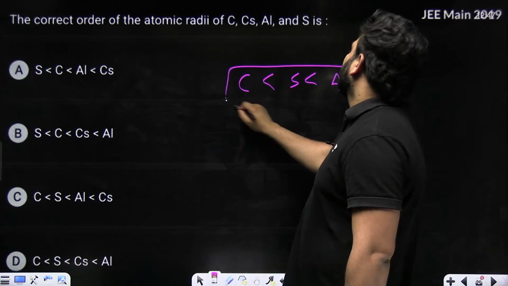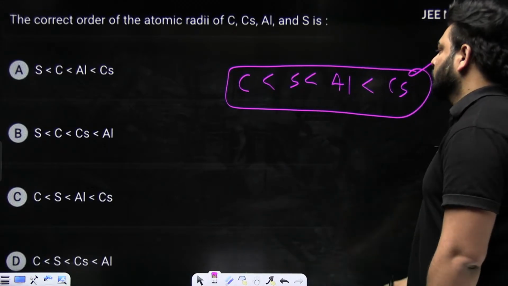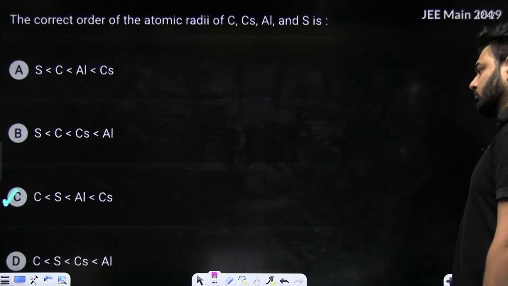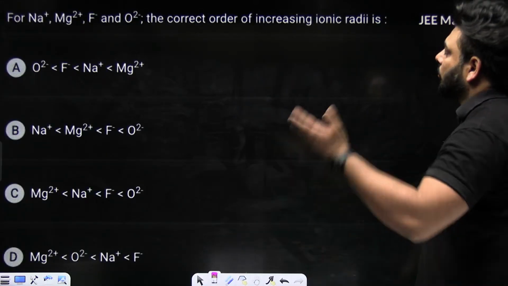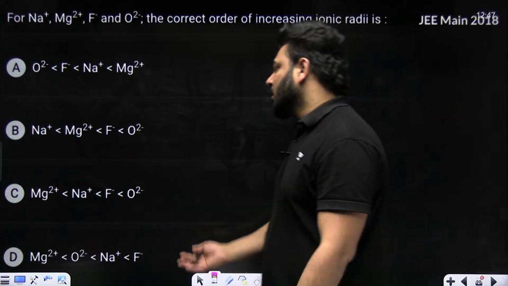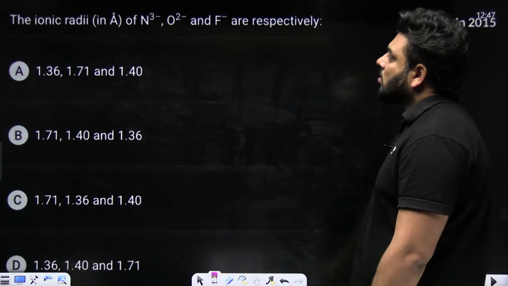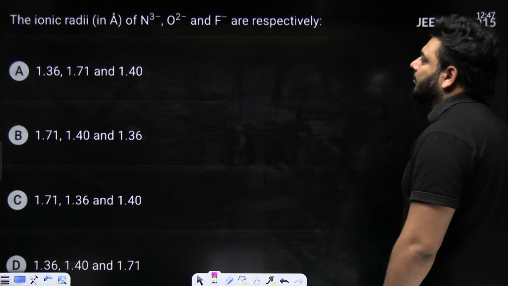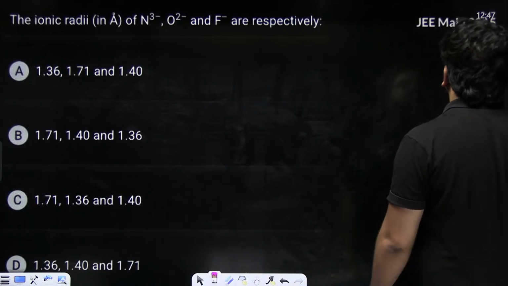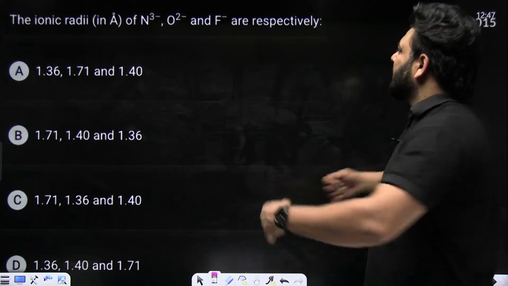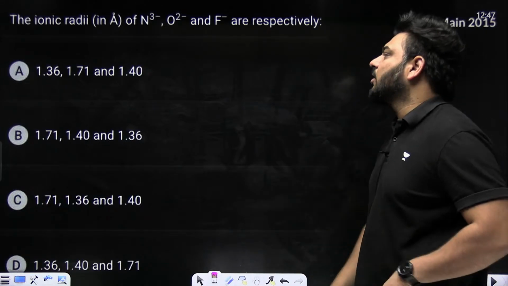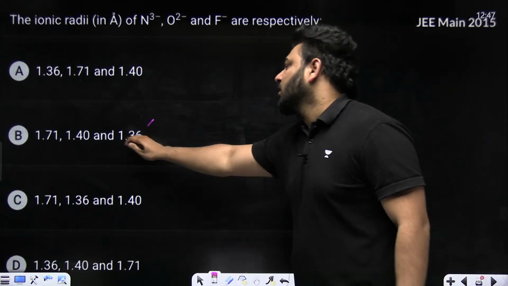That is the order I follow. Oh, similar question, similar answer. Nitride, oxide, and fluoride. Nitride has the highest, then oxide, and then fluoride. So nitride highest. This is the correct answer.